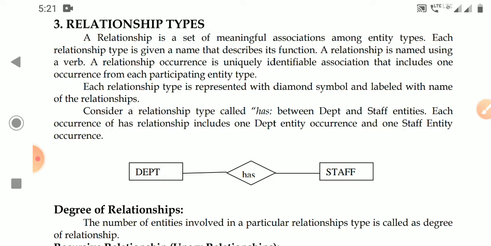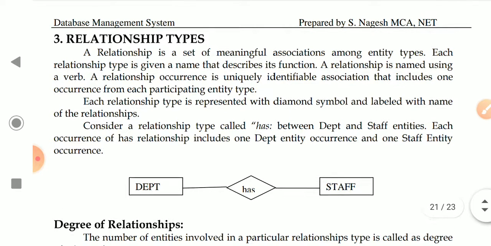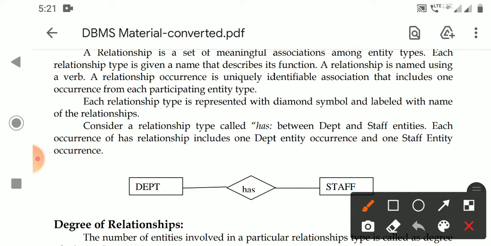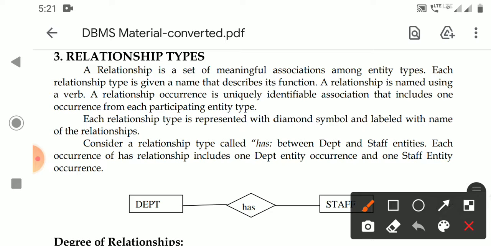It also represents the relationship among the concepts. Here, what is a relationship? Generally, a relationship is a set of meaningful associations among the entity types.